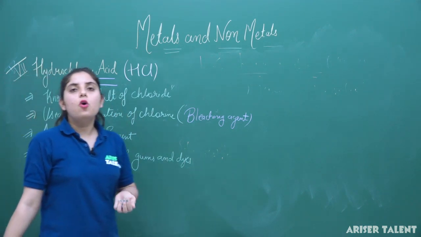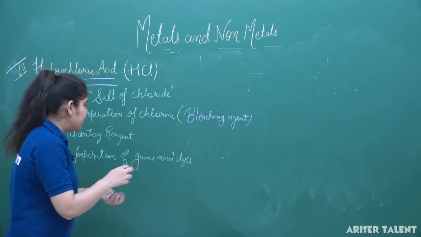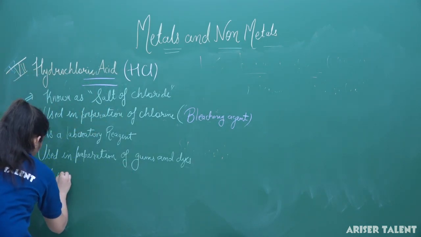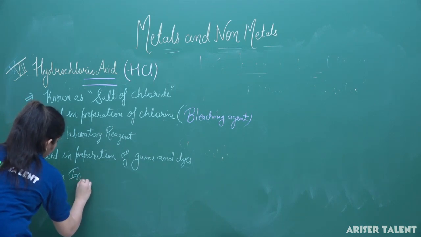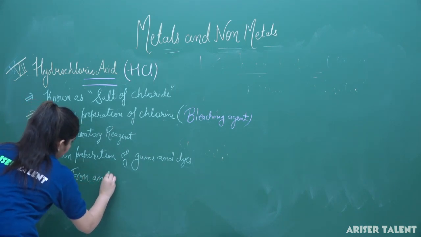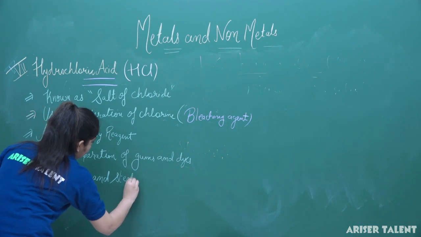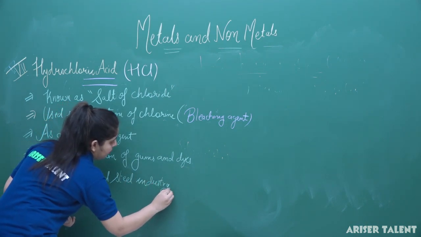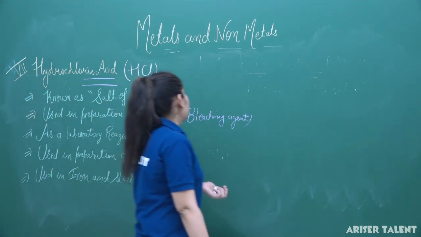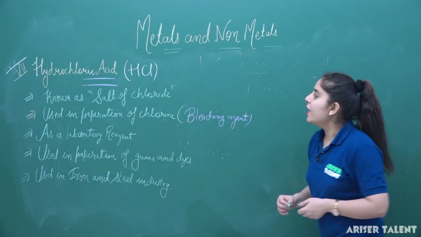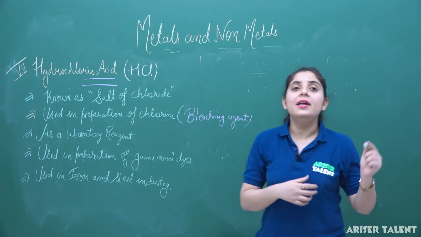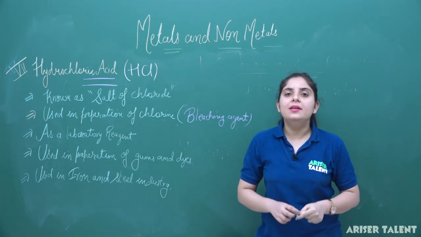Next, it is also used in iron and steel industry. So these are the basic uses of hydrochloric acid in our day-to-day life, that it has many applications regarding the industrial field as well as our daily life.